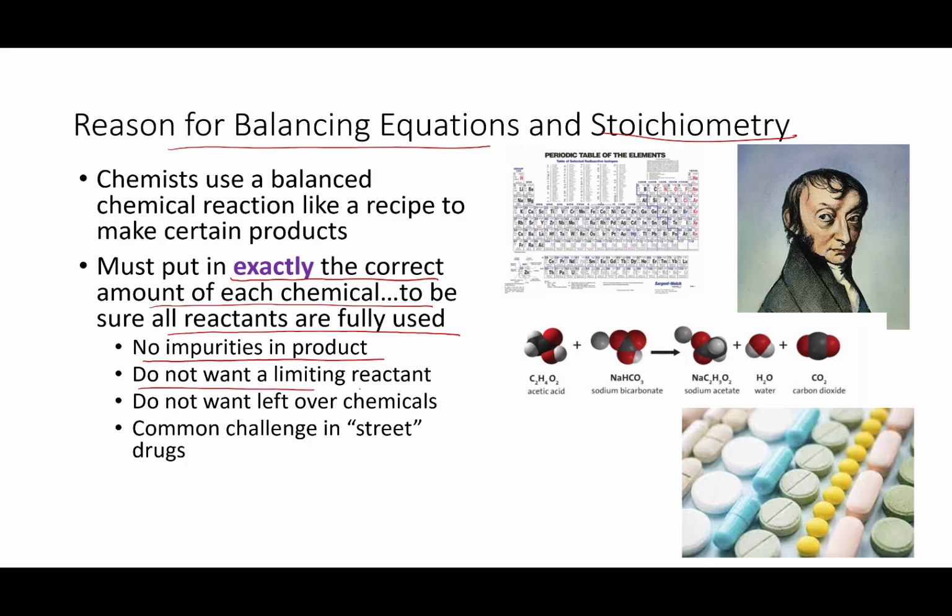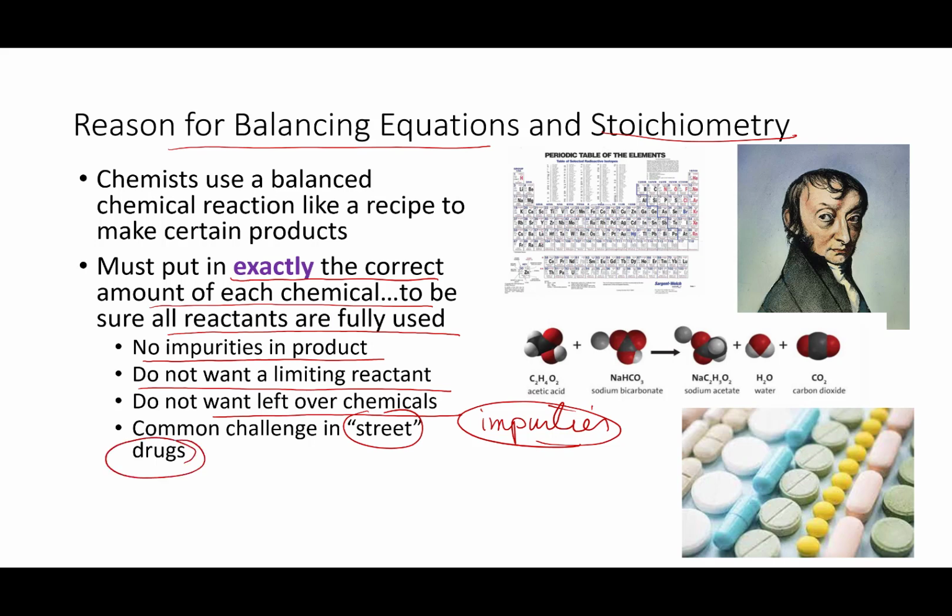You don't want a limiting reactant. You want all of the reaction to go to completeness. And you don't want any leftover chemicals, because remember, those are going to be impurities in the product that you're making. This is one of the big challenges in street drugs.